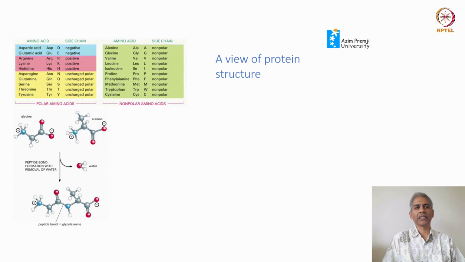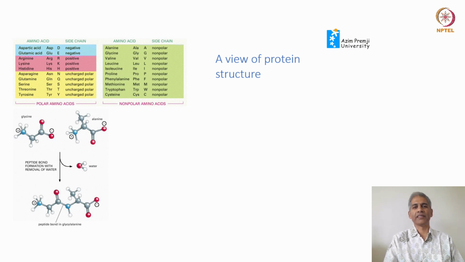Other things to note are that each amino acid can either have a 3-letter code, so alanine will be ALA, or just a 1-letter code, A. So you can completely specify the sequence of amino acids in a protein by writing down the letter codes of these amino acids.